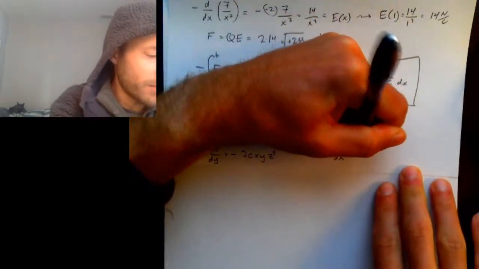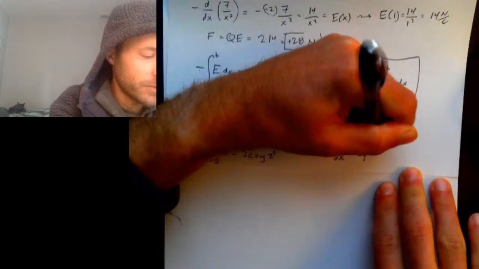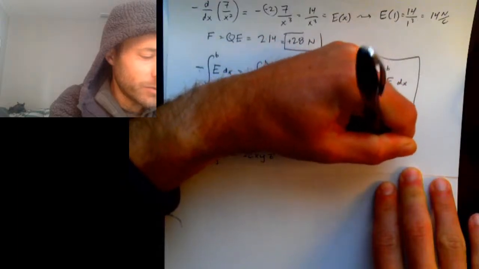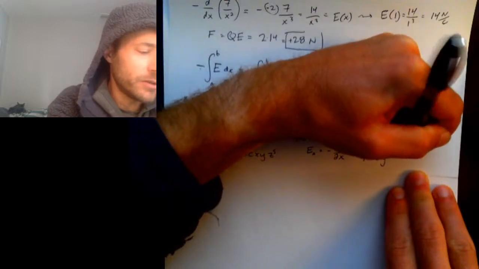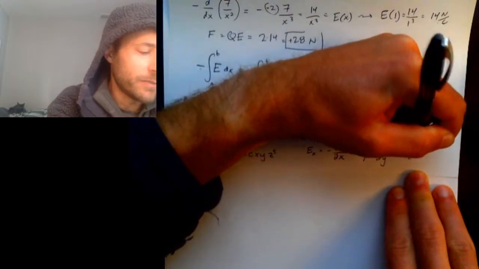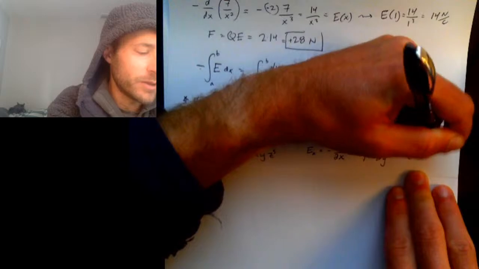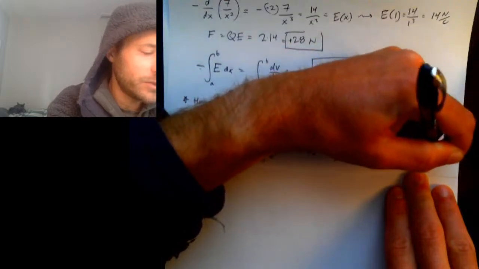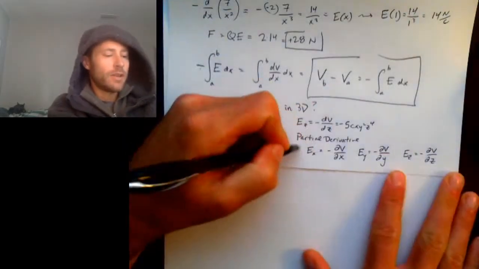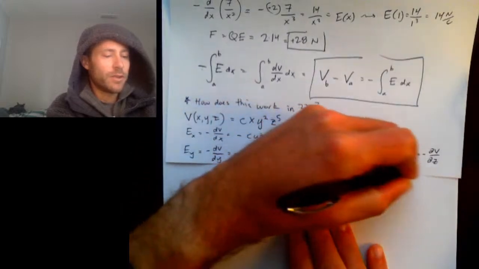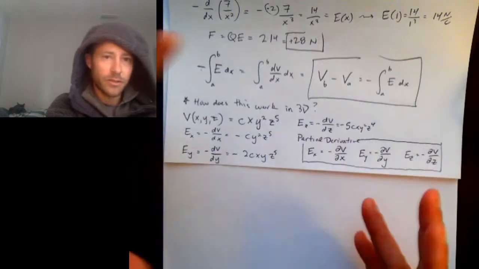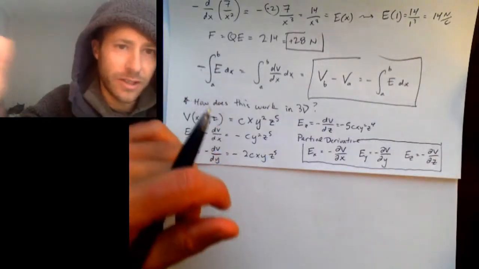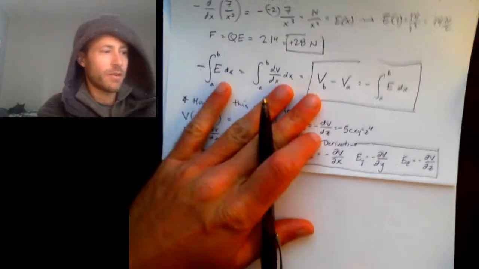And then the y component is the partial derivative with respect to y. And the z component is negative the partial derivative with respect to z. All right. So that is how it works in 3 dimensions, which I think is kind of neat. It's such an easy generalization that I just wanted to talk about it. Okay.